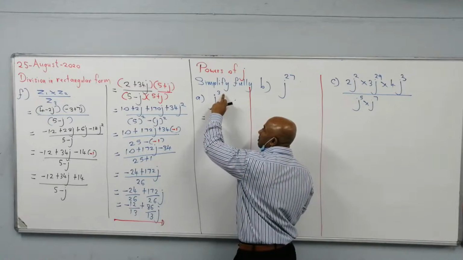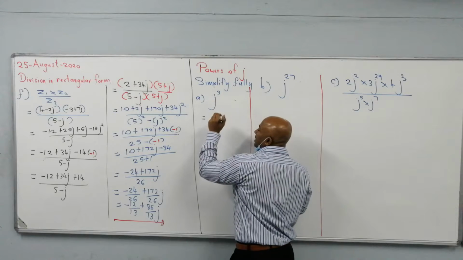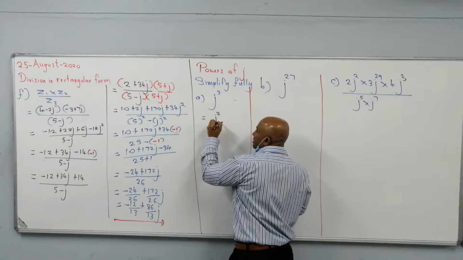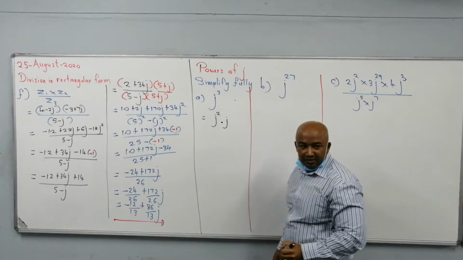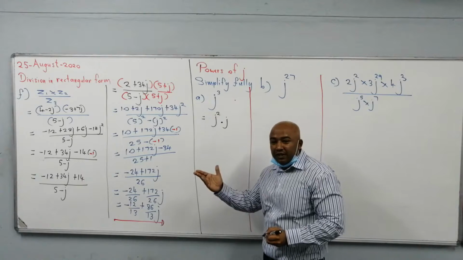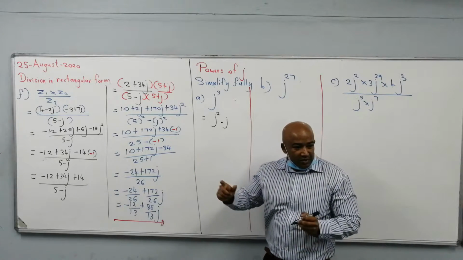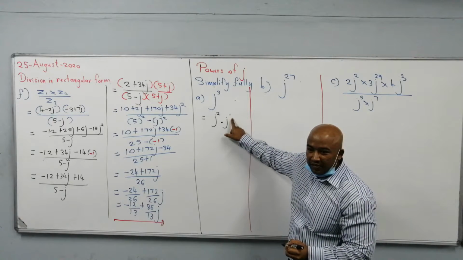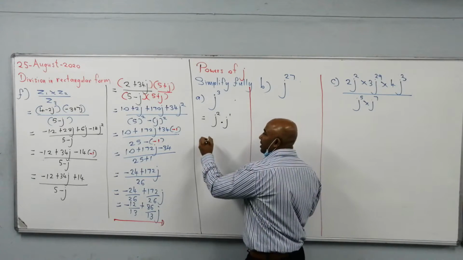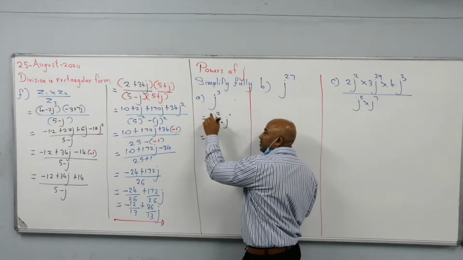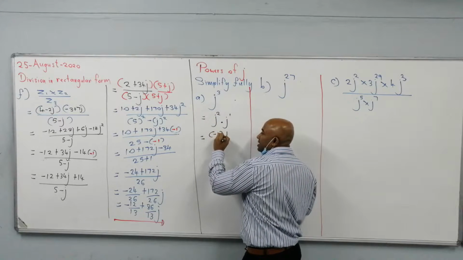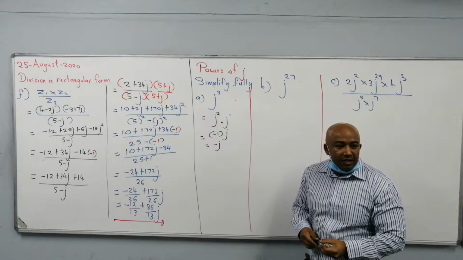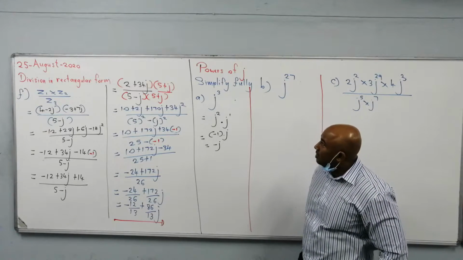So j to the power 3 will be the same as j squared multiplied by j. Exponent laws, because x to the power 3 is x squared times x. So what did I do now? I split it up. This is j to the power 1. You don't have to write down the positive 1. Okay. So now, what do I know? I know that j squared is minus 1 times j, which is minus j. That's all. Simple exponent law. That's how we deal with powers of j.